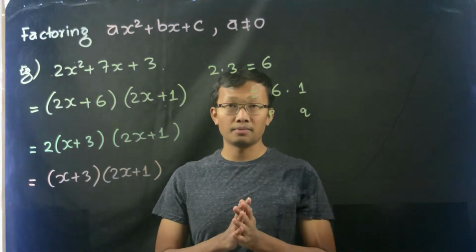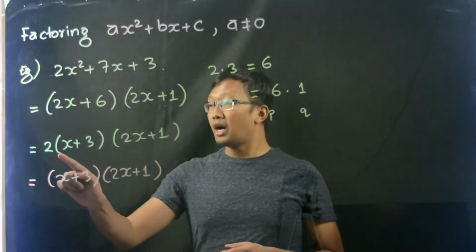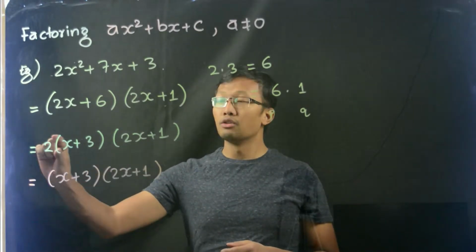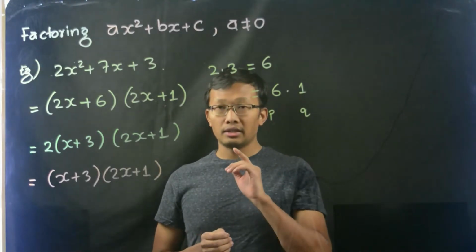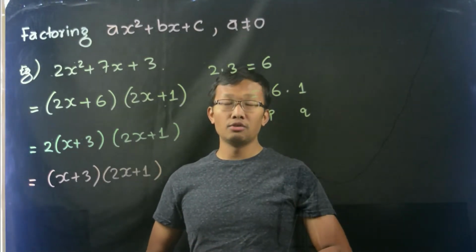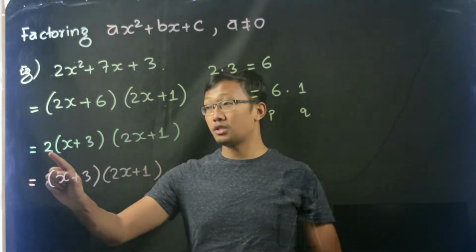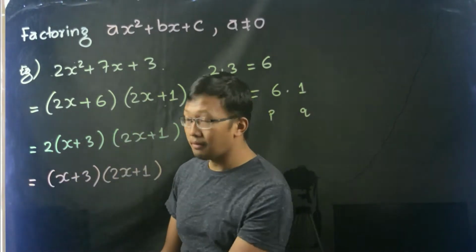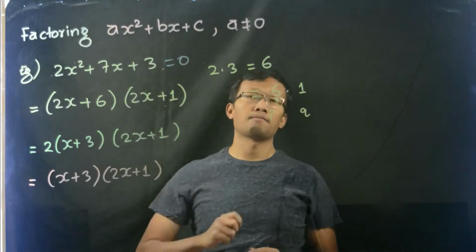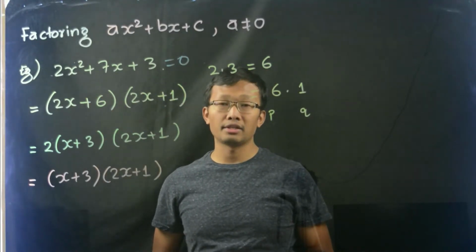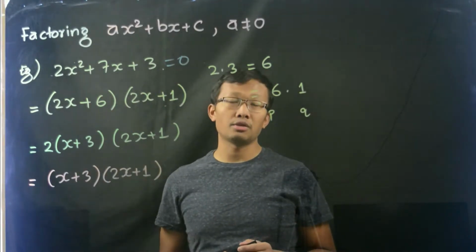Let me ask you, why did I ignore this 2? That's a question for you. If you really want to know why I threw this 2 away, solve this equation. Then you'll clearly understand why we can throw this away.